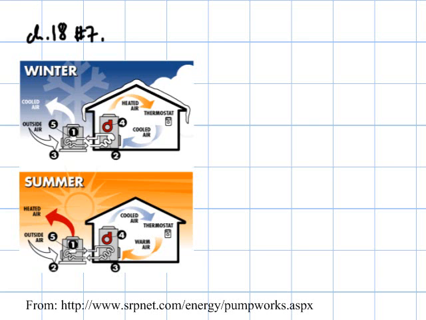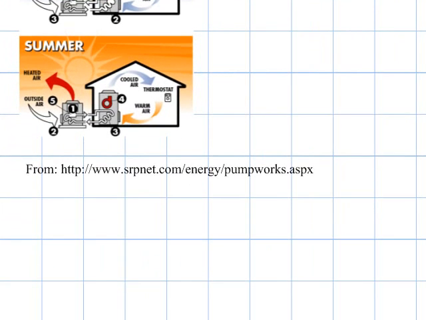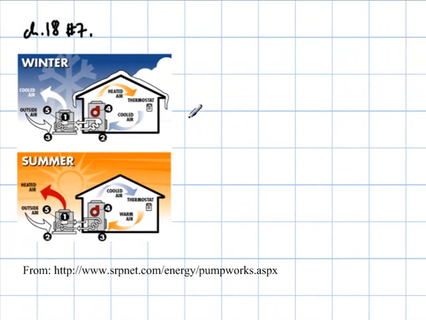Calculate the minimum work needed to move 1 joule of energy from inside a room at T cold equals 295 kelvins to the outdoors at T hot equals 308 kelvins. So let's see, we have from inside a room of 295 kelvins.